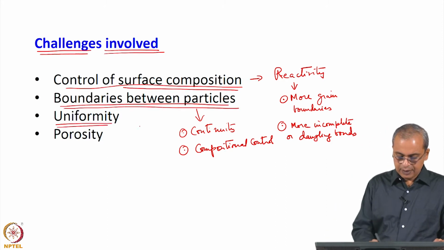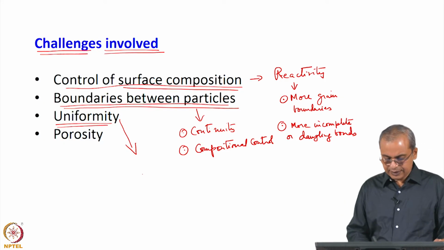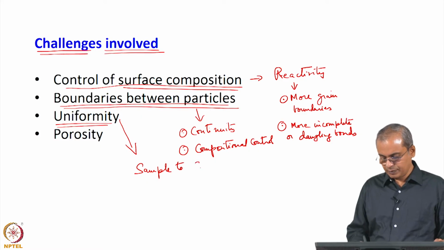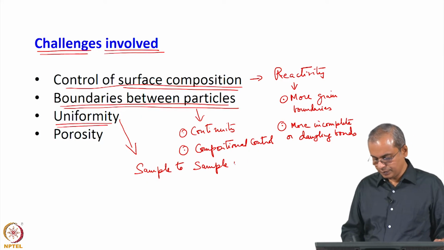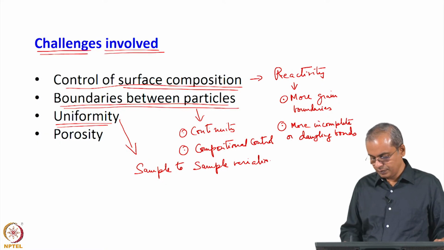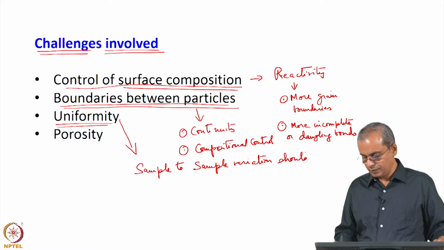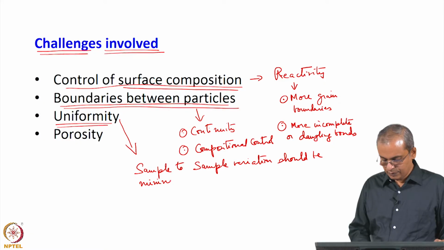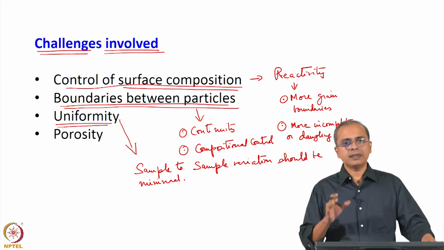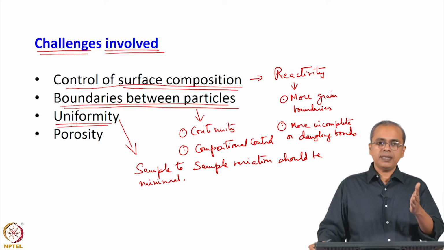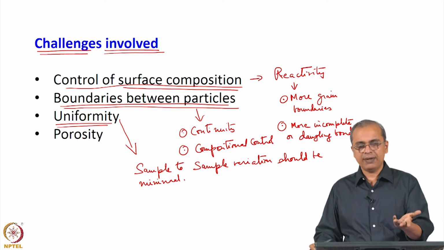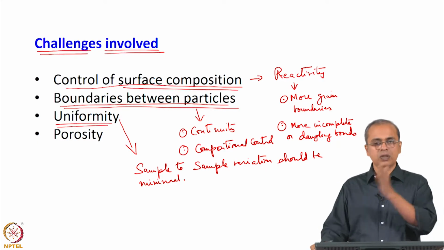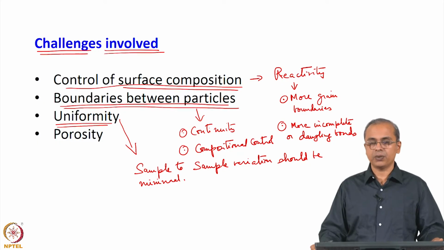Uniformity. So, this is uniformity even let us say sample to sample. Even in a scientific activity, we normally say that how many samples have you tested, do you have 5 samples that you have tested, do you have an error bar with respect to those 5 samples, what is the mean, what is the standard deviation with respect to the property that you have tested.